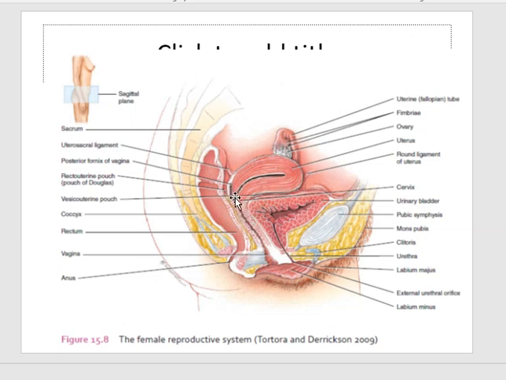This is the cervix, and this is the vagina. This is the vaginal opening, and this is the labia majora, labia minora, and this is the mons pubis.